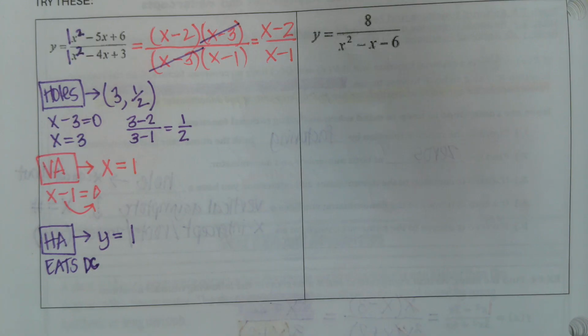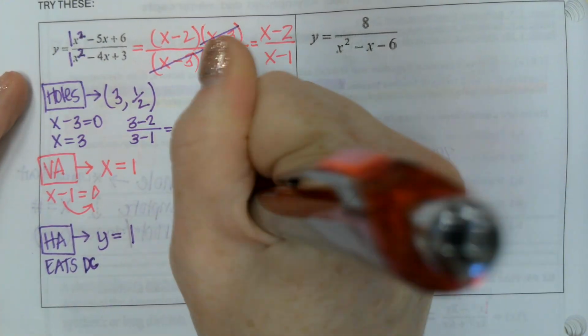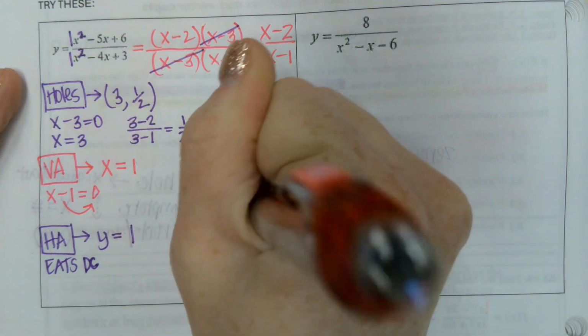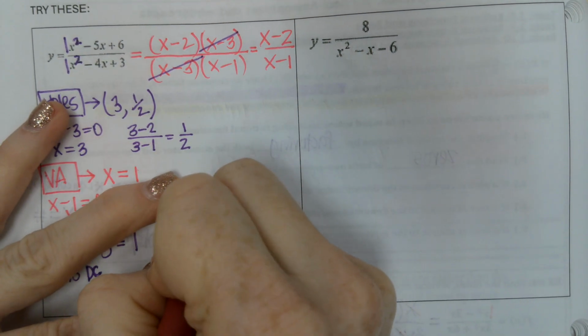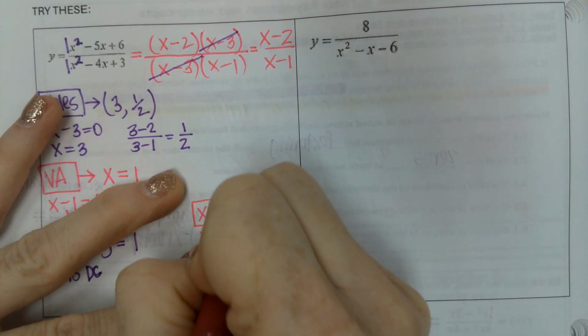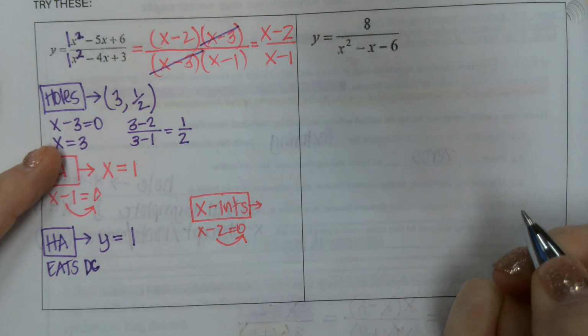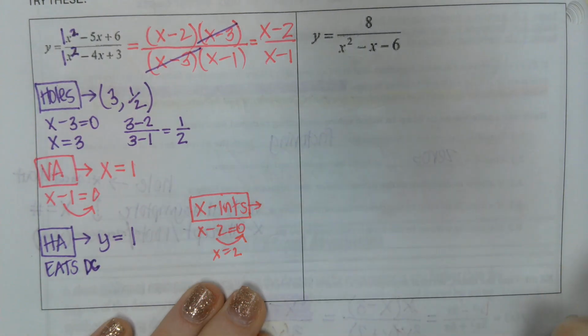And then, lastly, I'm going to identify my x-intercepts. That comes from anything that's left over in the numerator. So right here, I have an x minus 2. I set it equal to 0 and I solve for x. We know that the x coordinate is going to be equal to 2, right?